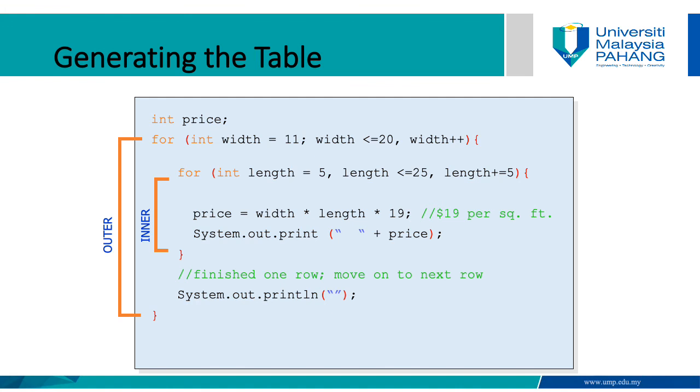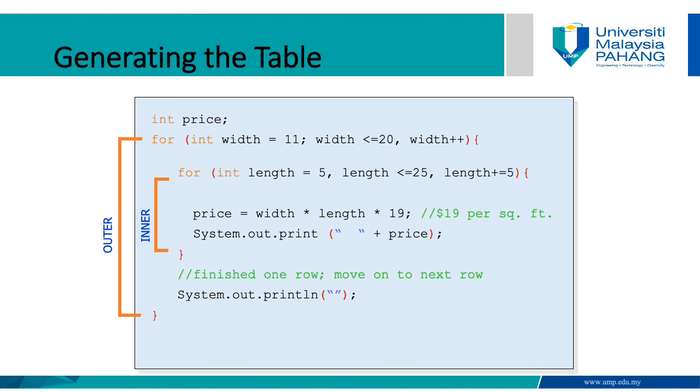So for each value of width, the length will range from 5 to 25, because the Boolean expression for length says 25, right? So length will range from 5 to 25 with an increment of 5s.